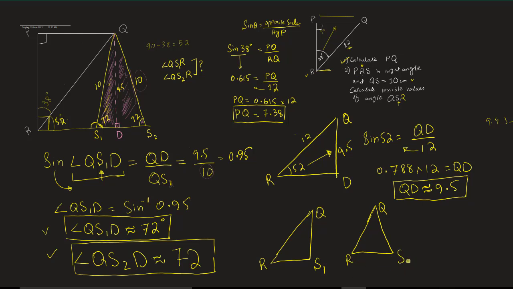We know that this is 72, but we don't know this one. We know this one is 72, right? See, we know the outside of the triangle. This is actually the inside and the angle is outside. So the 72 of the S1 is actually outside.